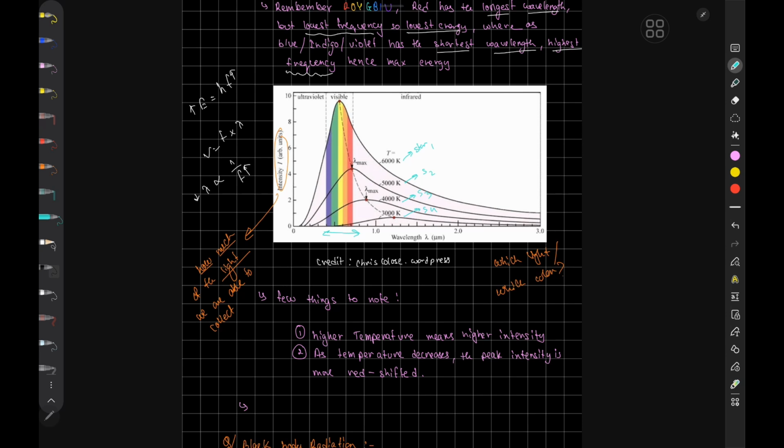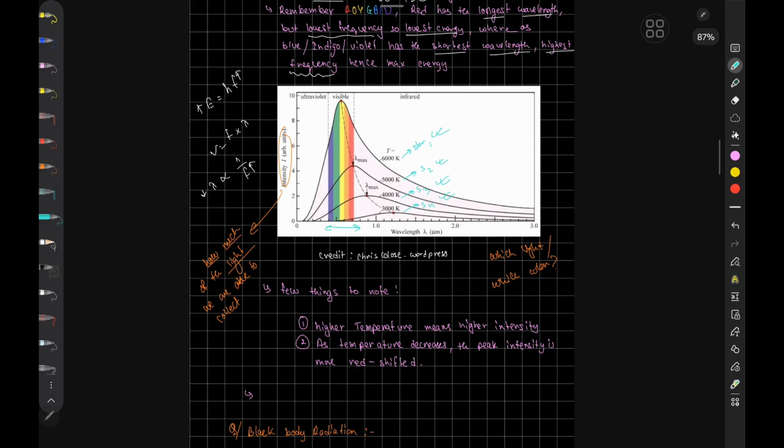All of these lines indicate the intensity versus wavelength graph collected from each of these individual stars. Okay, already black body radiation.